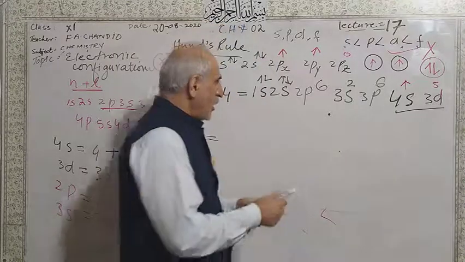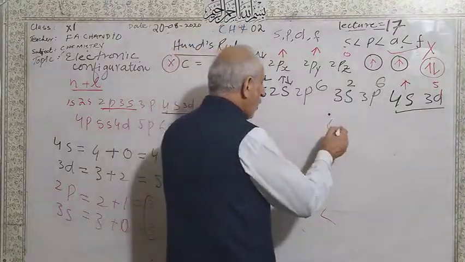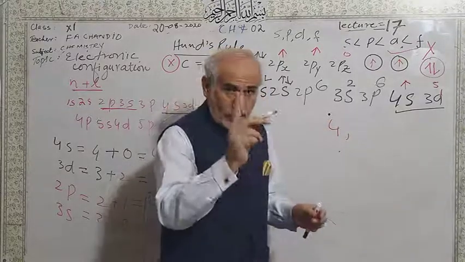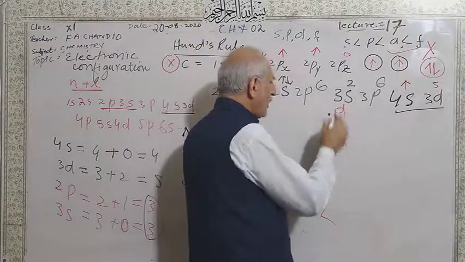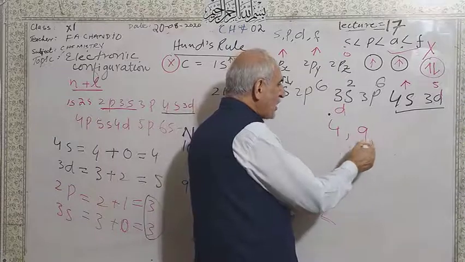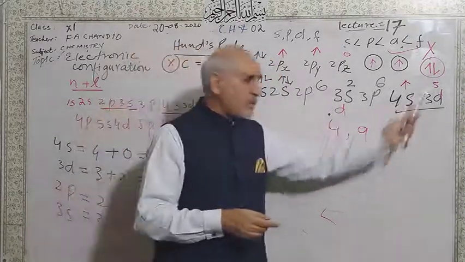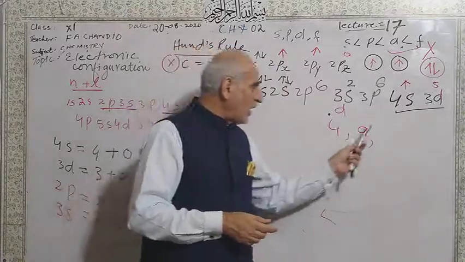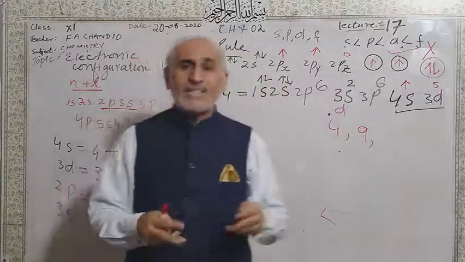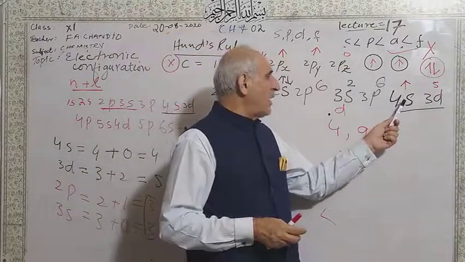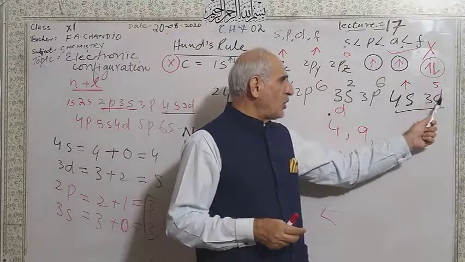Students, if you have 4 electrons in the d, only 4, I'm talking about d, or 9 electrons in the d, then according to the stability rule, you have to promote an electron from s to d.